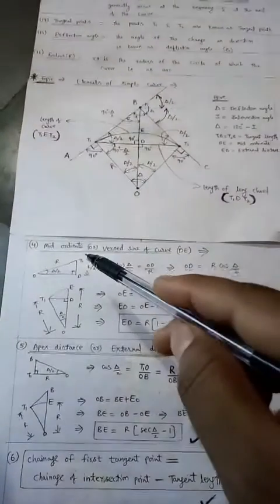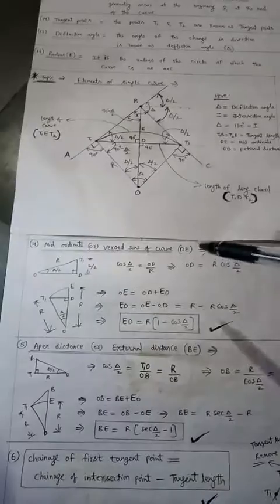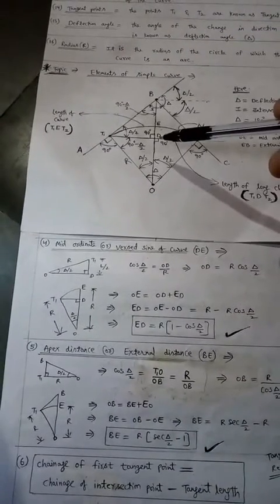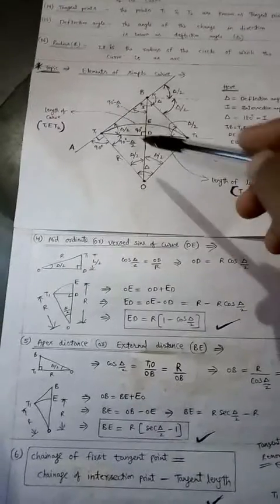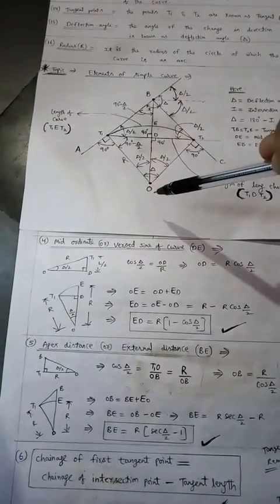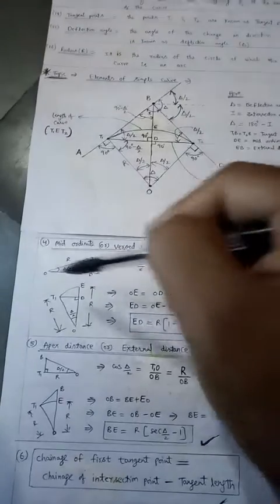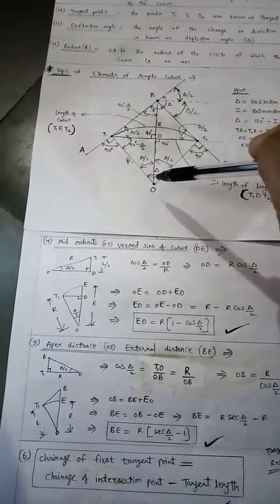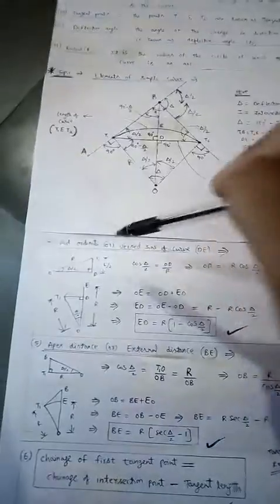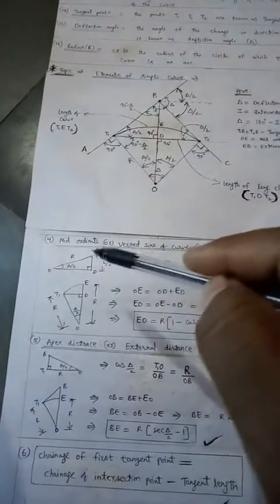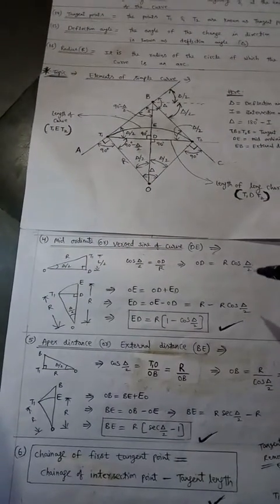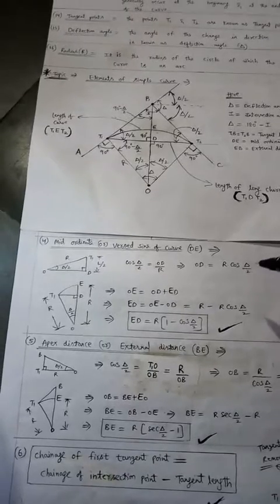The next element of a simple curve is mid ordinate, or versine of curve. In this picture, DE indicates the mid ordinate. From figure T1DO, this angle is delta by 2 and this is radius r. Cos theta equals adjacent by hypotenuse, where adjacent is OD and hypotenuse is radius r. By solving, OD equals r cos delta by 2.